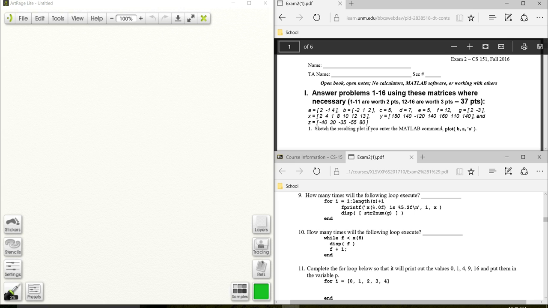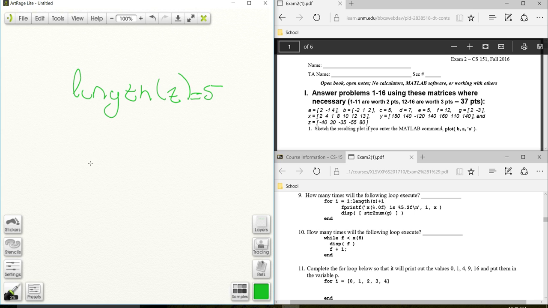So the first thing that I would do is find out what the length of Z is. We come over here and just find the largest dimension: 1, 2, 3, 4, 5. The length of Z is equal to 5.